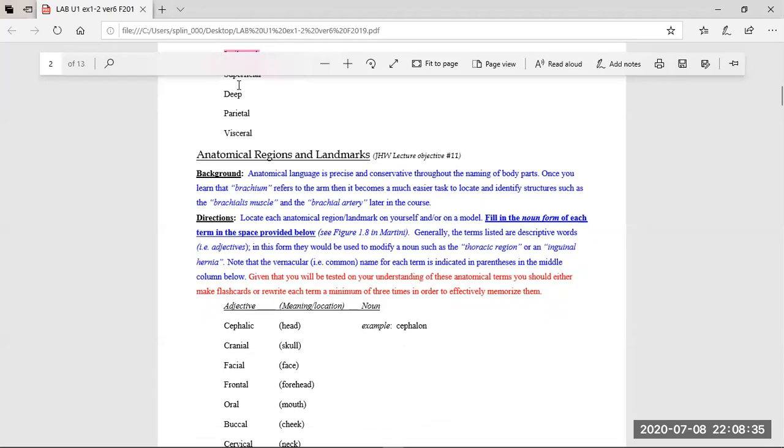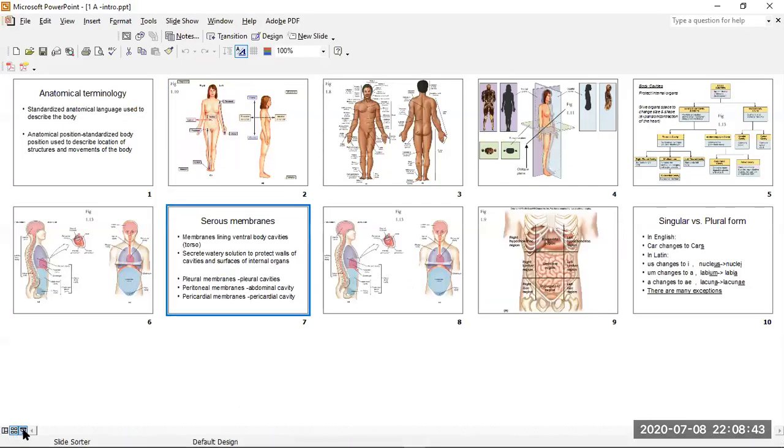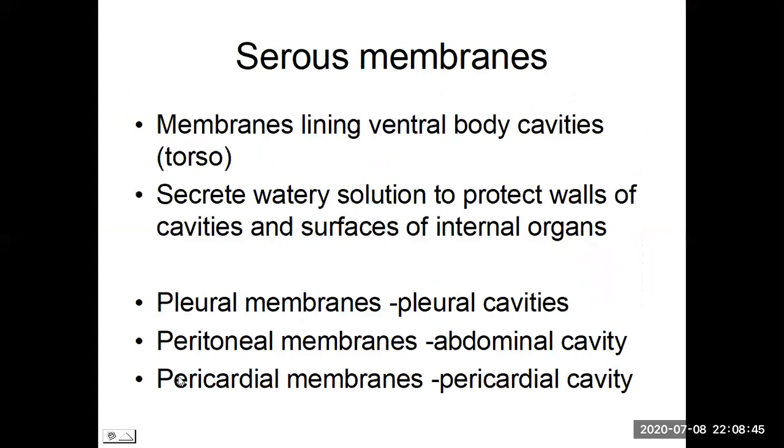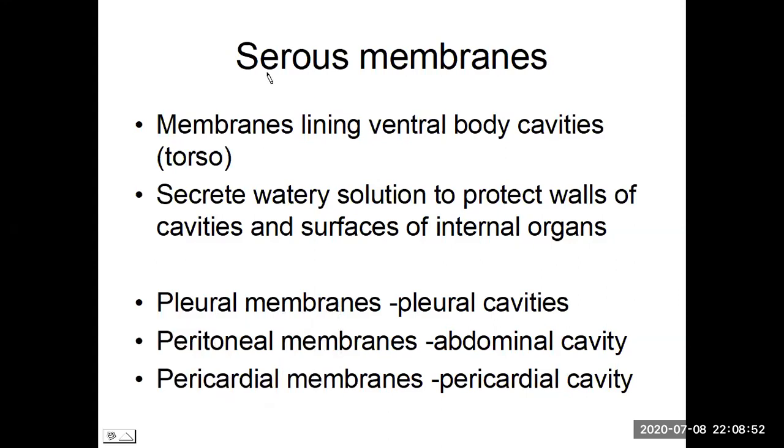And the last terms we have here, parietal and visceral. These terms here will pertain to a serous membrane. We brought this up in lecture. So these serous membranes, these fluid-producing membranes within the area of the ventral body cavity.